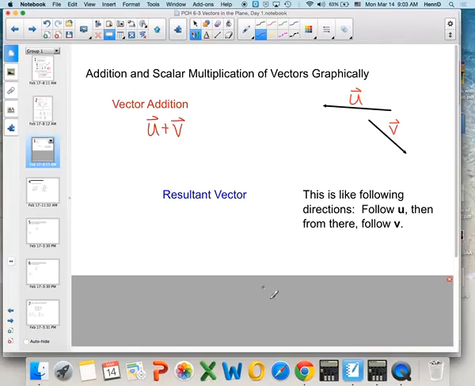For vector addition, we would take vector u and draw it first, and then vector v is going to be added onto it. So you can see here I have vector u and then vector v.